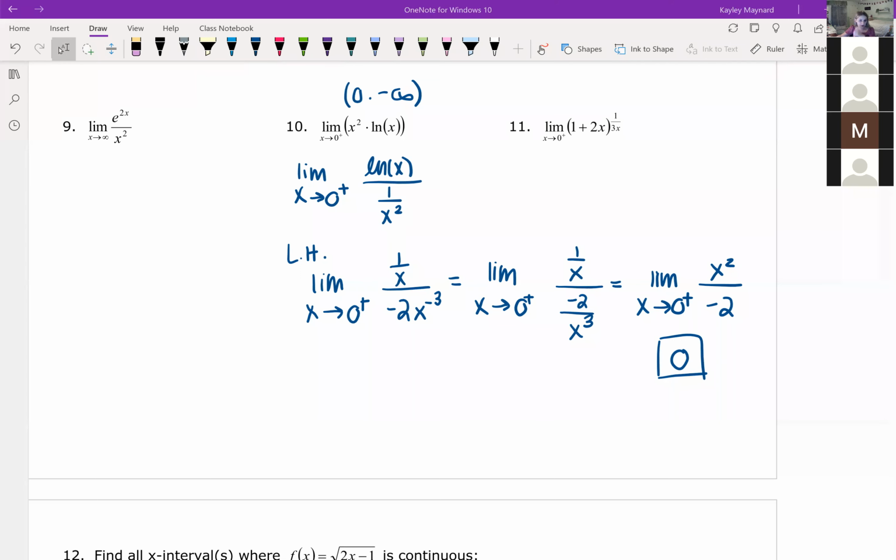Okay, and then we have a question on number 11 as well, so let's keep it coming. The next one coming up is L'Hopital's, but with ln, I think. This is the limit where x approaches 0 of 1 plus 2x to the 1 over 3x.